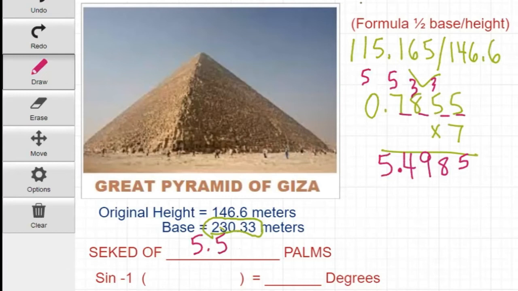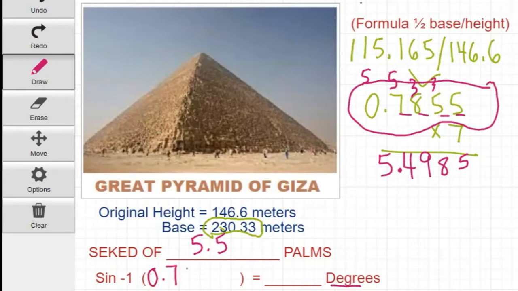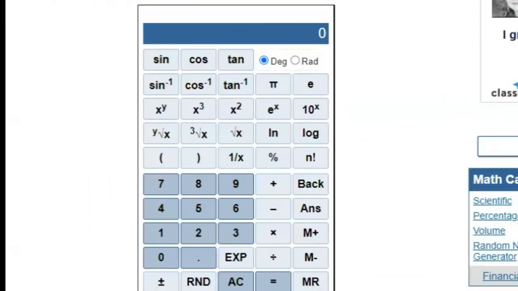Now, if we want to figure out the degrees, we're going to have to use the inverse operation of sine. We'll go to our calculator and put the same number inside those parentheses: 0.7855.